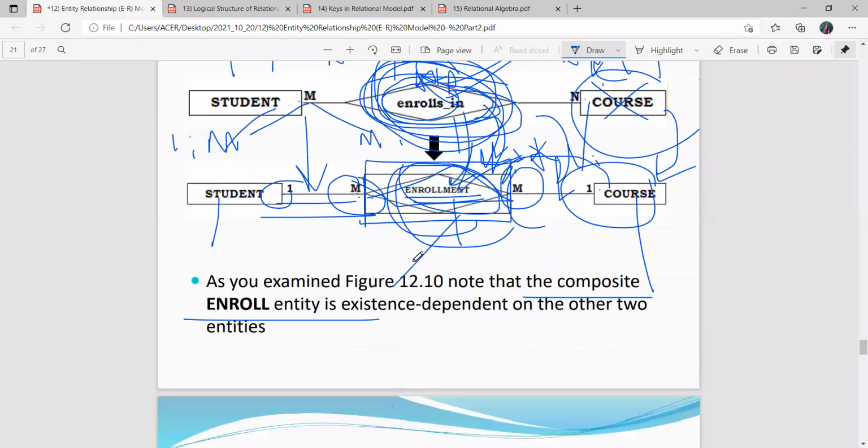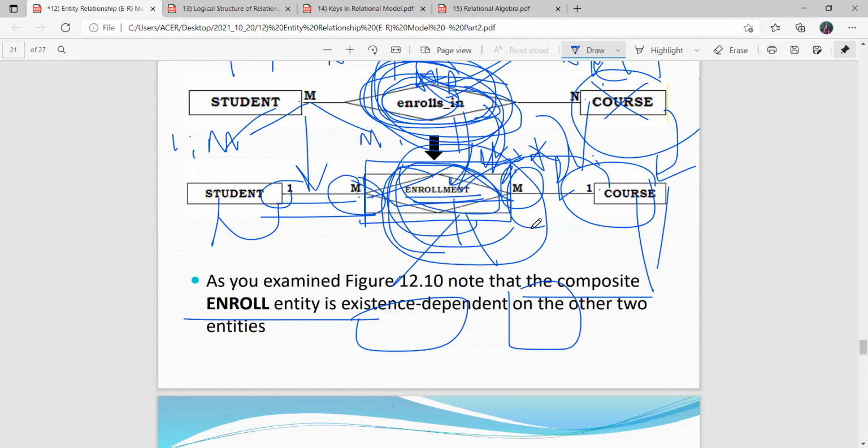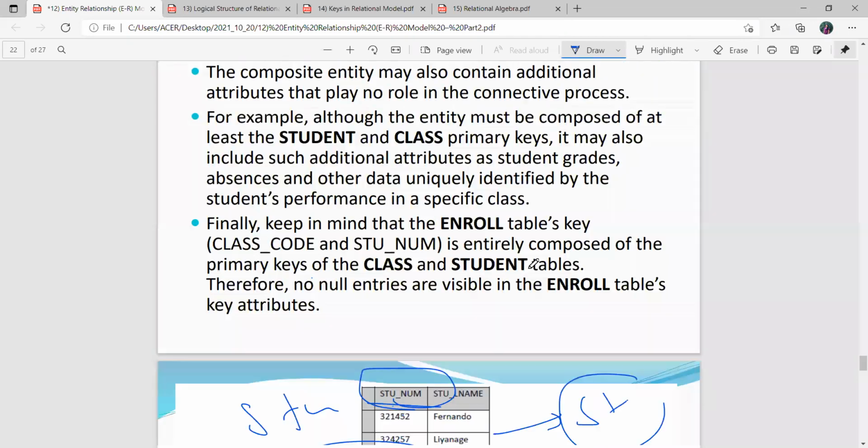So it is needed to include the primary key of this entity and the primary key of this entity in this composite entity. And if you have any other attributes, you can indicate them also, but it is needed to have the primary key of the student entity and the course entity in this composite entity.